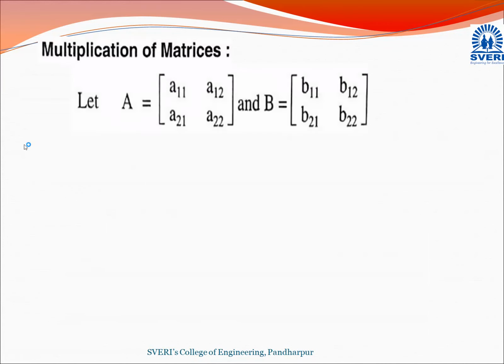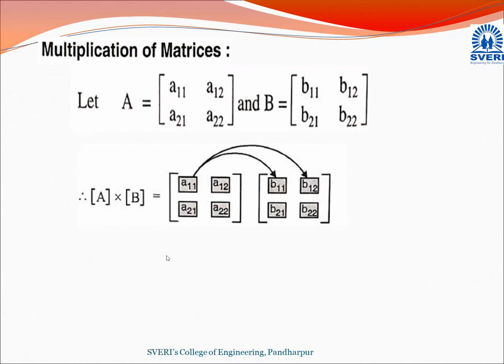Then multiplication of matrices. We can multiply two matrices as follows: matrix A with elements A11, A12 and matrix B with elements B11, B12, B21, B22. So we are taking the multiplication. In that case, we are using a simple way. First row, first element multiplying with the first column of the second matrix.